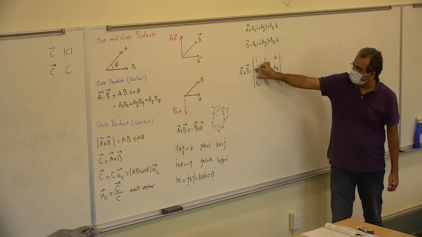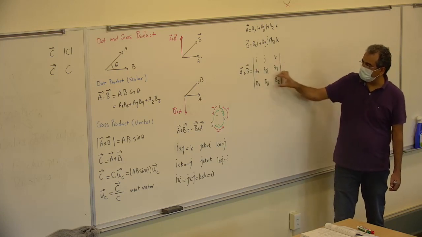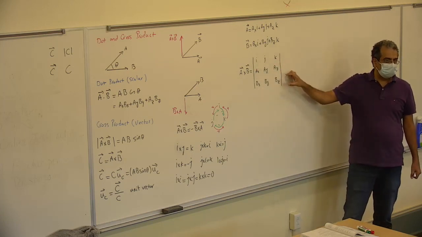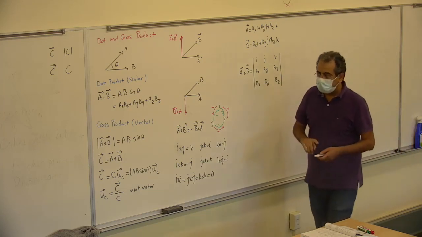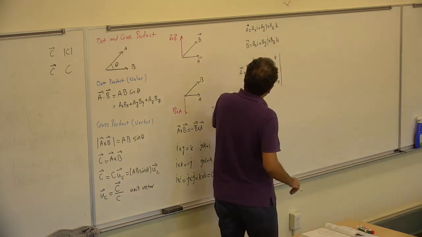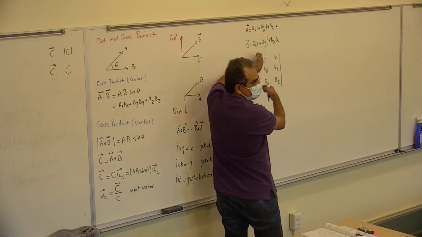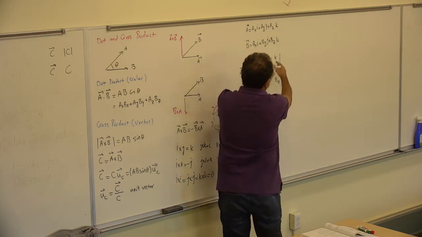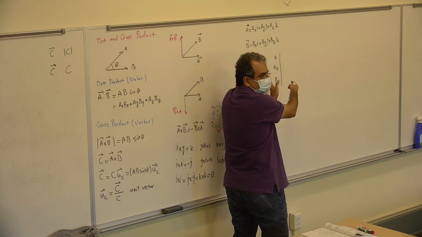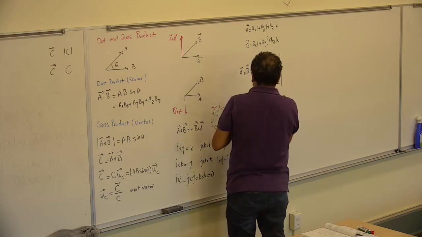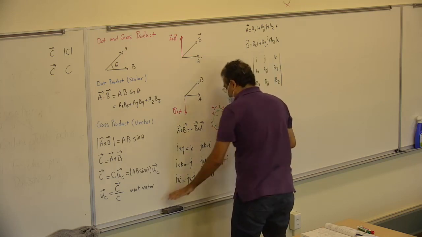Remember how we did that? We eliminate the row and column and write whatever is left.